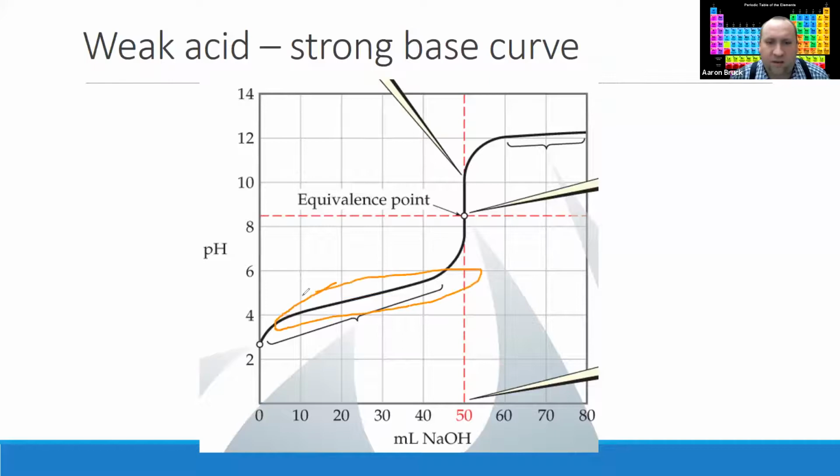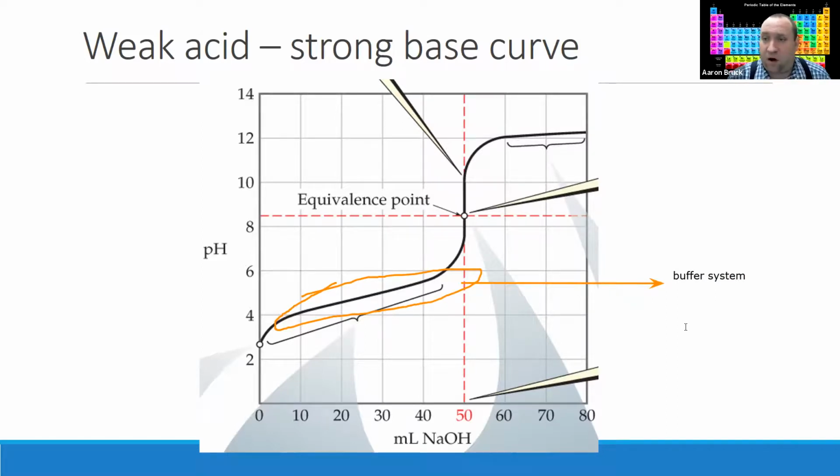And the main reason for this is that this particular region is not just any old kind of reaction system. This is a buffer system. And you'll hear more about buffers in the other two videos.